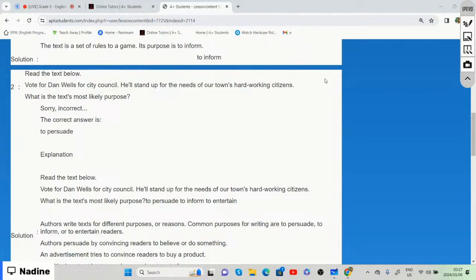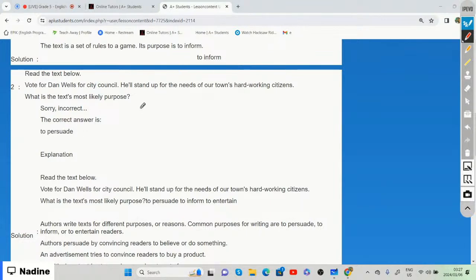All right, so when it comes to political parties, and it's time to vote, then usually politicians or the people rallying for the politicians would try to persuade you to vote.